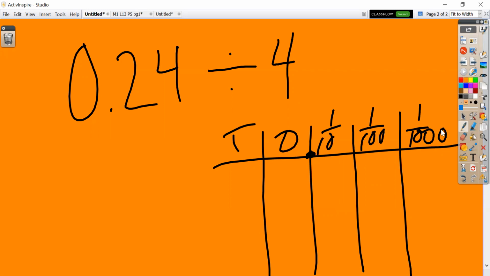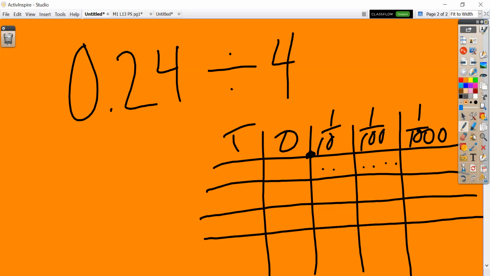Then we're going to represent 24 hundredths. So it would be 2 tenths and 4 hundredths, right? And we're going to divide that into 4 equal groups. So there's 1 group, 2 groups, 3 groups, and 4. I now have 4 groups.